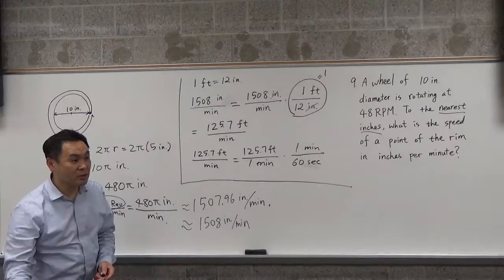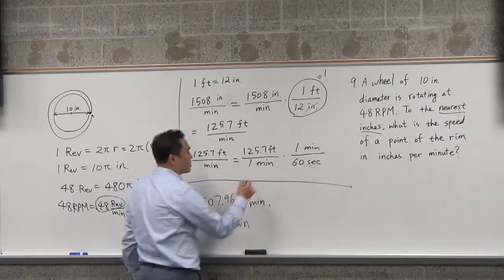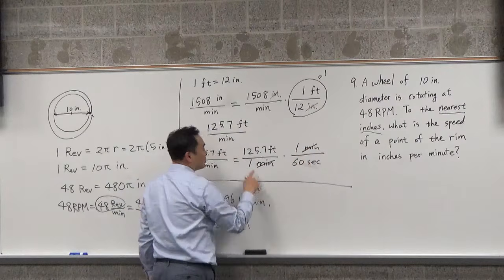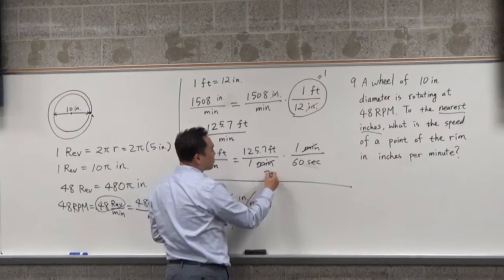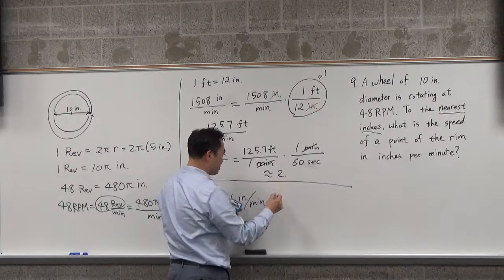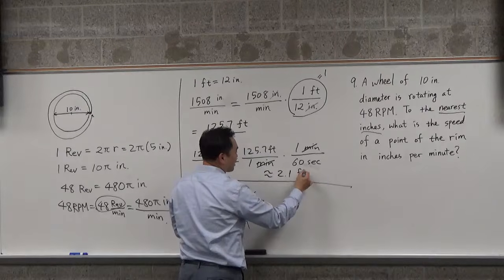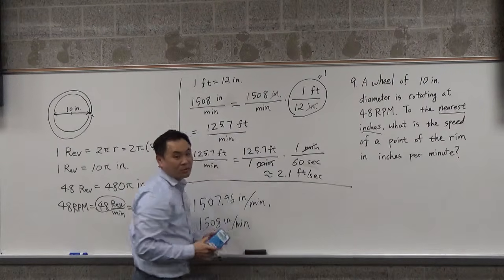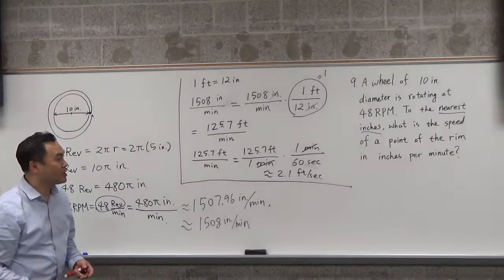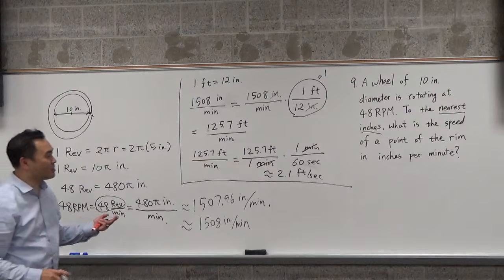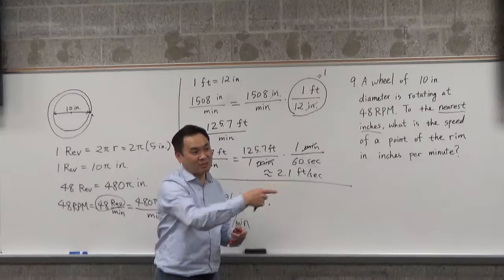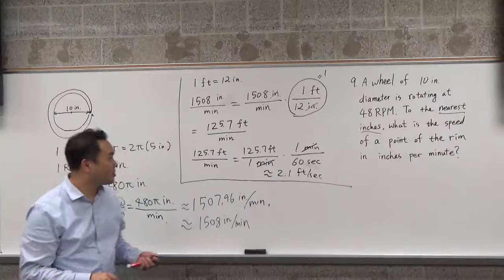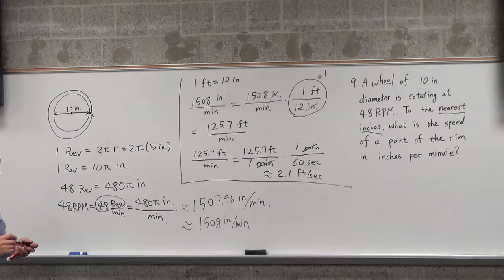Right? 1 minute is the same as 60 seconds, and you can see that the minute cancels, and now you have 125 divided by 60, and this is about 2.1 feet per second. Okay. So that gives you a better idea for me. Like at every second it's going 2 feet, kind of makes more sense. Okay? So that's how you calculate this.